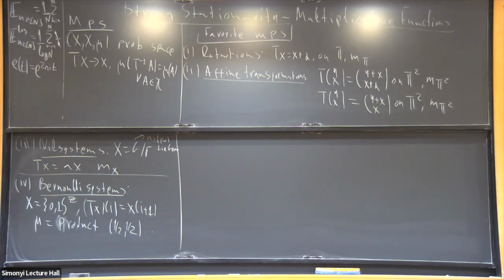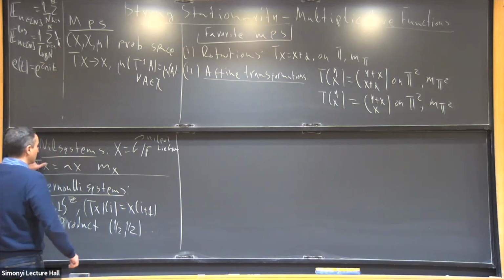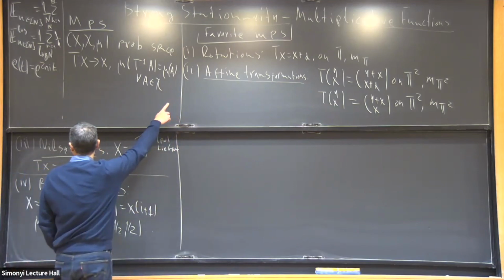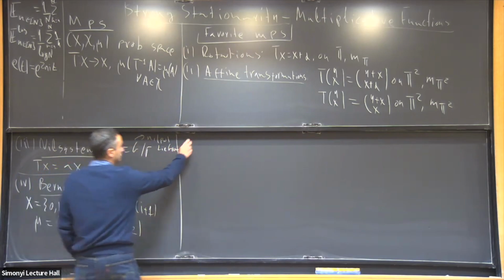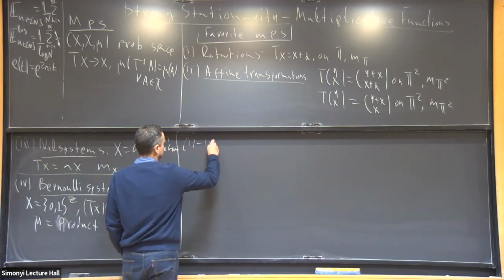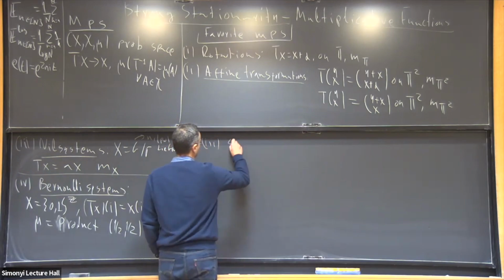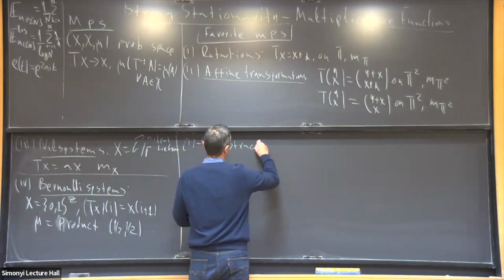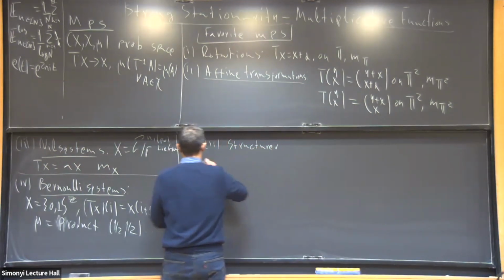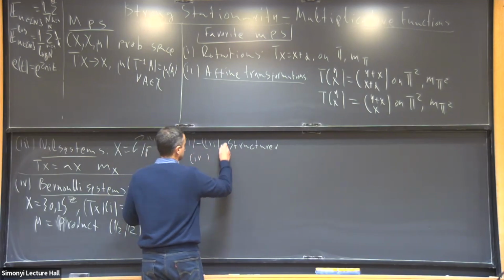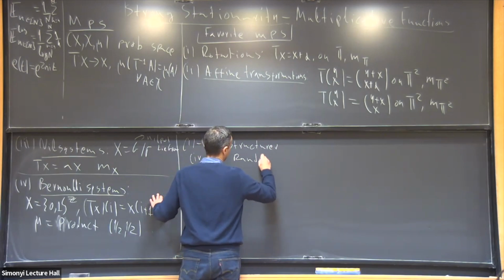The coin flip, for example, is modeled by this transformation. It has the same statistical behavior. Okay, so the first three are considered the structured examples, and the fourth is the only random one that we need for this talk.